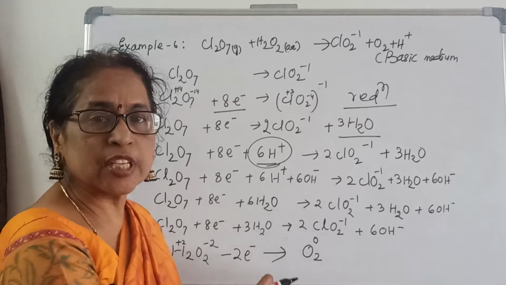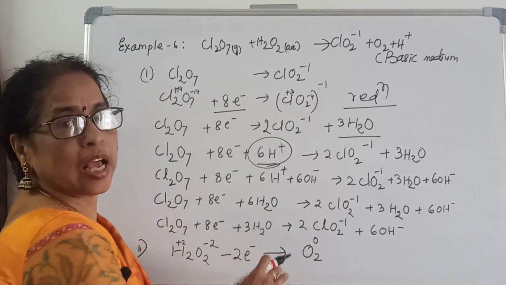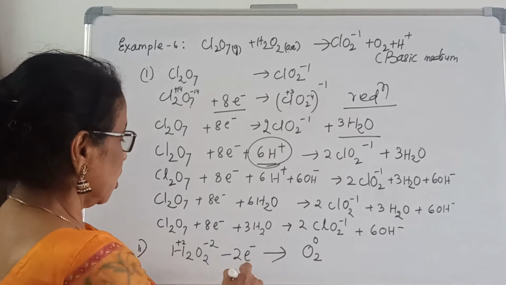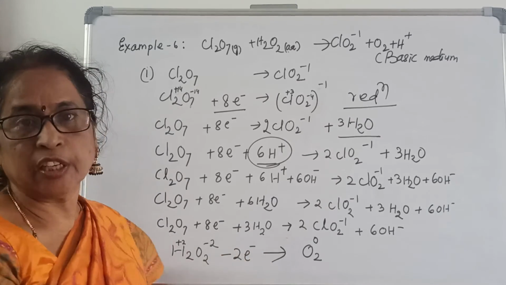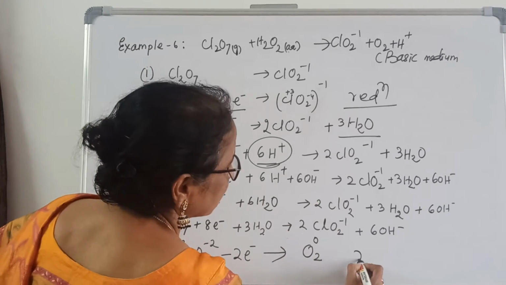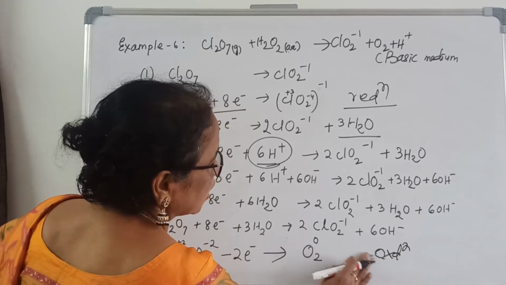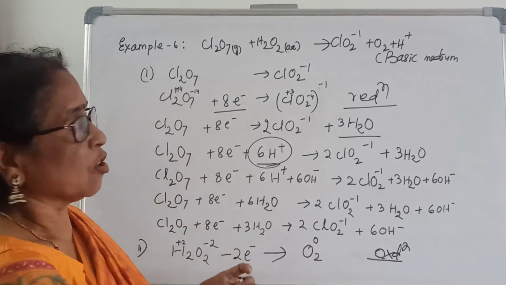Hydrogen peroxide loses 2 electrons, so that the oxygen molecule has 0 oxidation number. So this is where oxidation takes place.